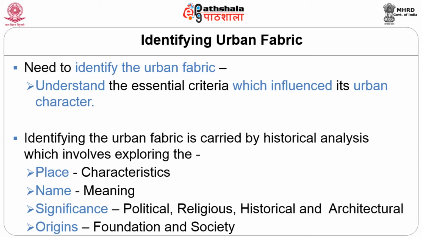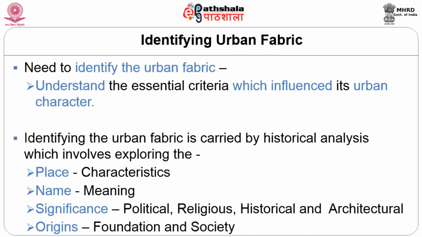One is the place. The place of a city has its own characteristics. The other is the name. Every name has its meaning, and the meaning of that place will tell us about the city's origin, that is, it will tell us about the urban fabric of the city. The other is significance. Every urban fabric has its own significance.